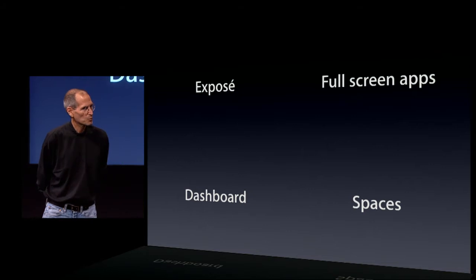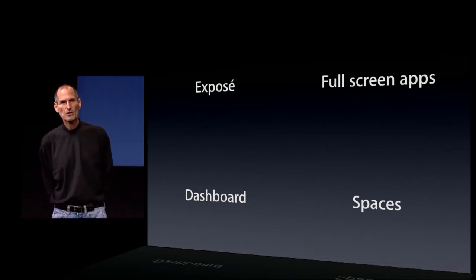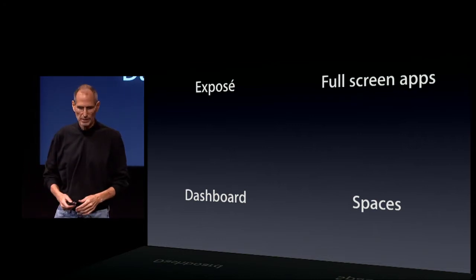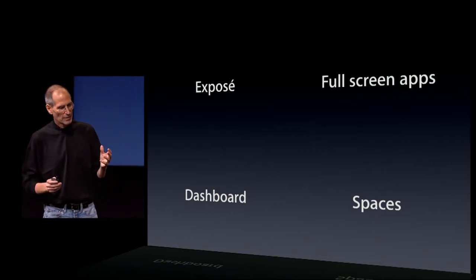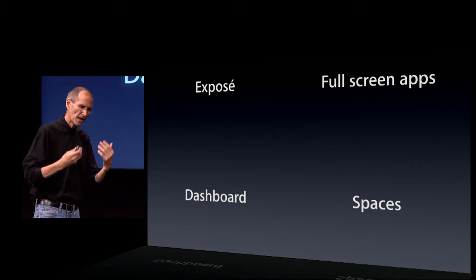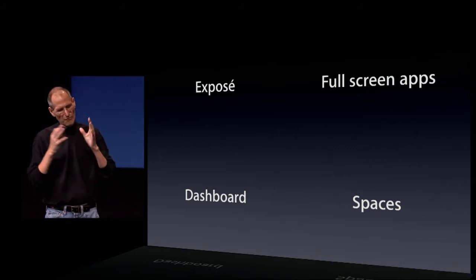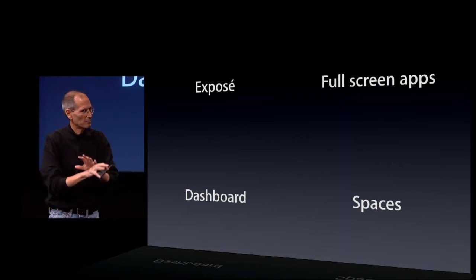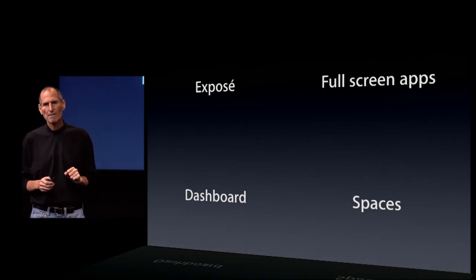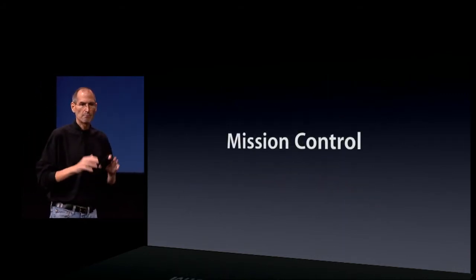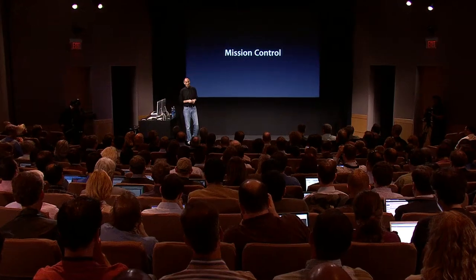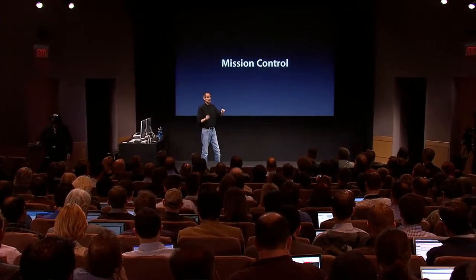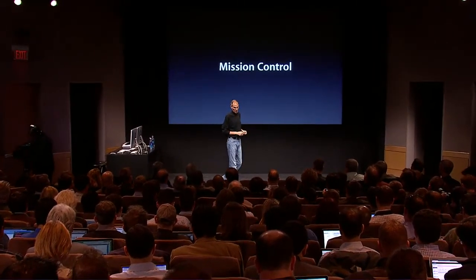Full screen apps, which we've talked about, and spaces, if you want to create more than one workspace and move between them rapidly. And this is great, but as we've added full screen apps now, we said, you know, we have 4 of these things. Wouldn't it be great to unify them all? And so we've done that in something we call Mission Control. It's a way to view everything running on your Mac and instantly navigate to anywhere.